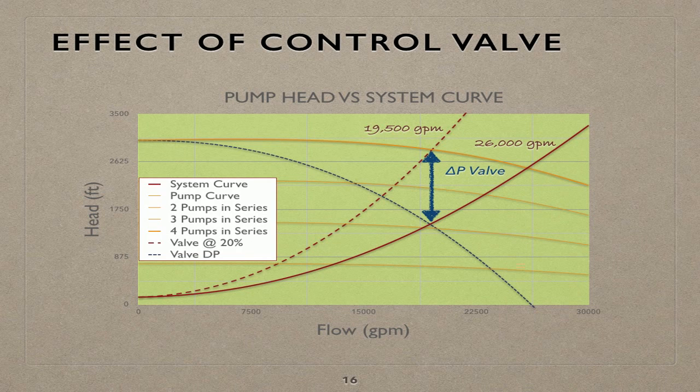This would give us this modified system curve shown here and the new intersection. This new system curve is shown by the dashed line.